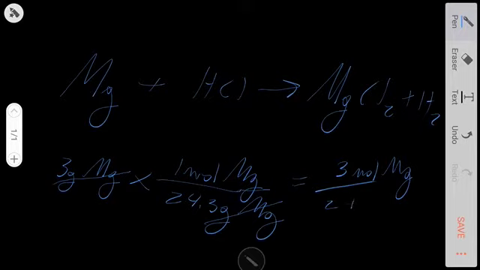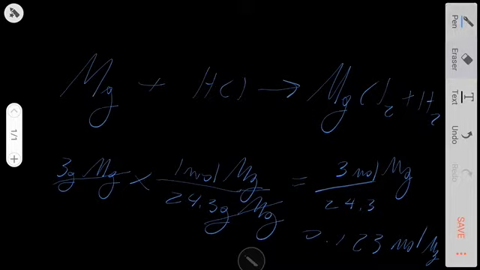So let's see how many moles of magnesium I have. You should calculate that you have 0.123 moles of Mg.